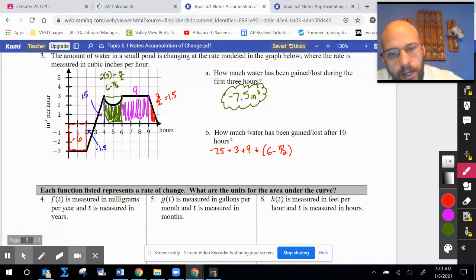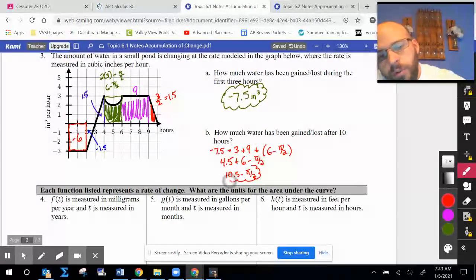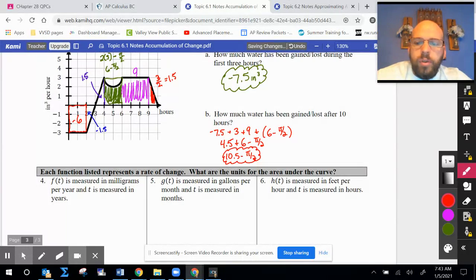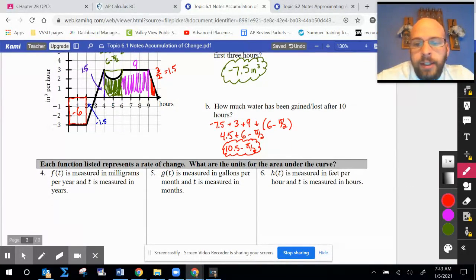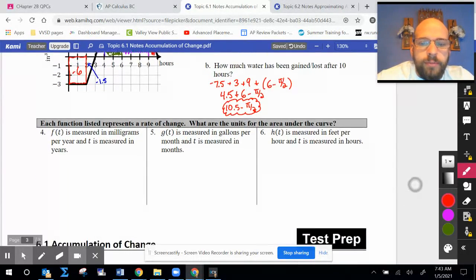So if I do that, I have 12 minus 7.5, which would be a 4.5, plus 6 minus pi over 2, or a 10.5 minus pi over 2, which would be how much water was, in this case, gained after 10 hours. Okay?